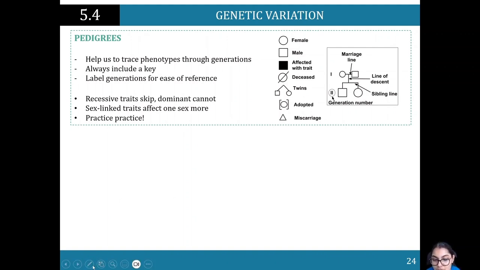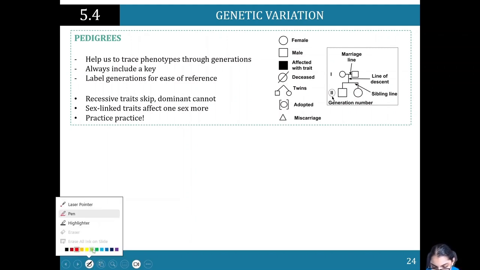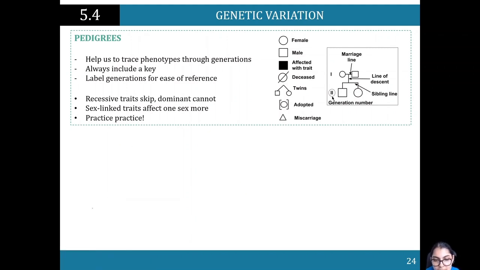So remember, when we actually write this down, I might just get my pen out. Here we go. When we talk about a dominant trait, we refer to it with a capital letter. When we talk about a recessive trait, we refer to it with a lowercase letter.